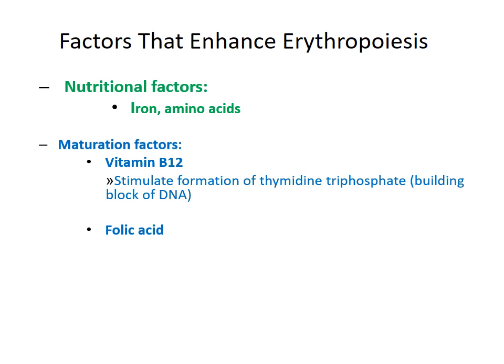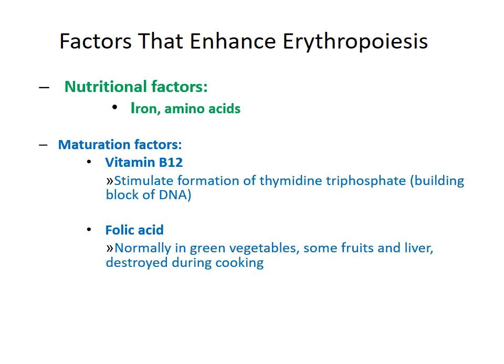The maturation process is not completed because these are essential maturation factors. And normally folic acid is obtained from green leafy vegetables, some fruits, liver, etc., and it is destroyed during cooking.